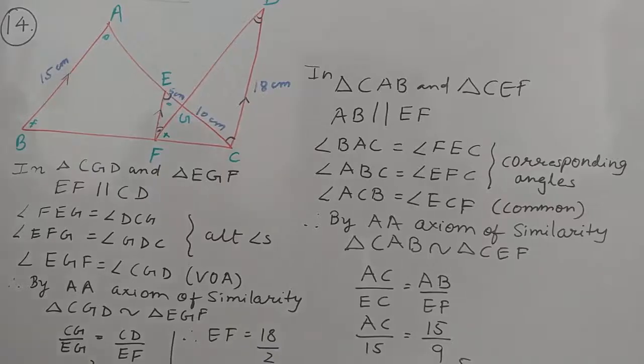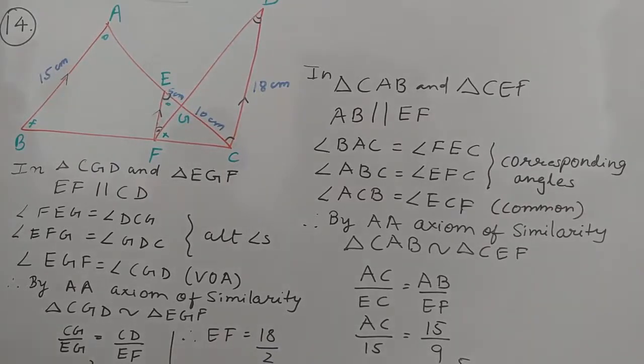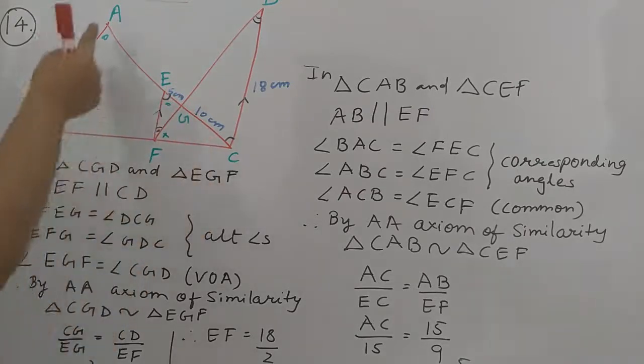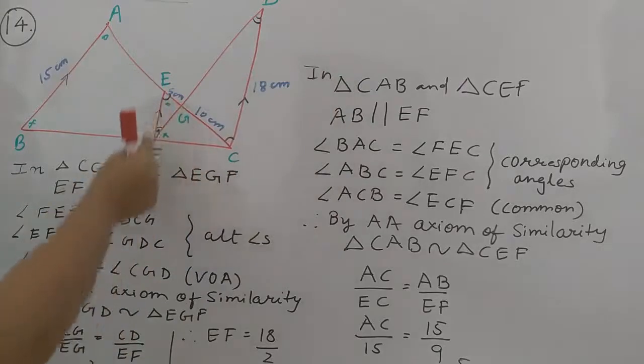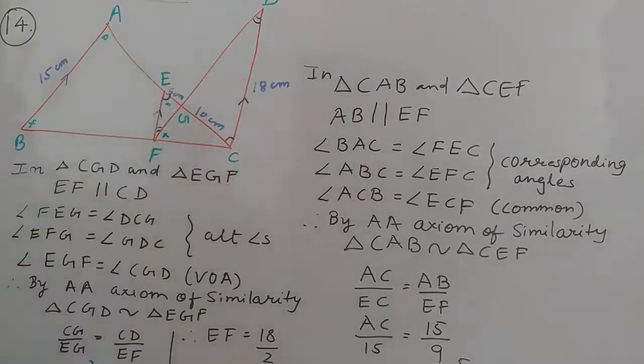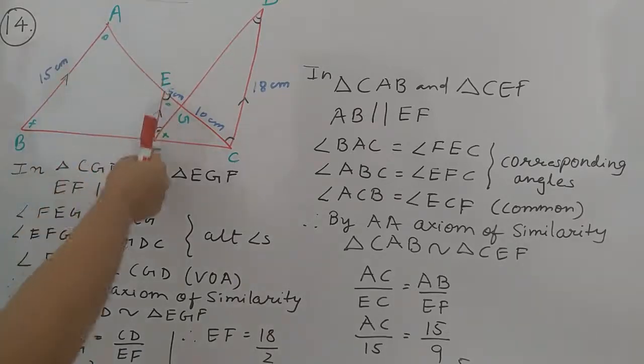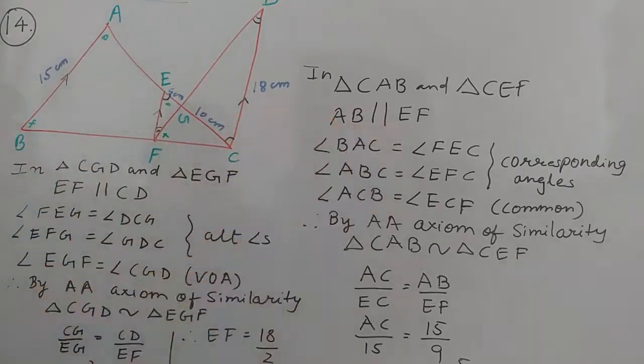Now, in continuation, we also have to find the AC value. For that, I will take triangle CAB, this big triangle, and CEF, this other triangle. I will show them similar. First of all, AB is parallel to EF, which is already given in the question.